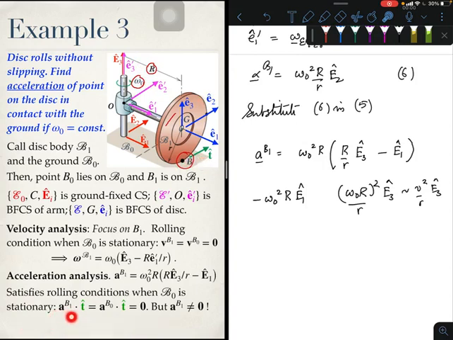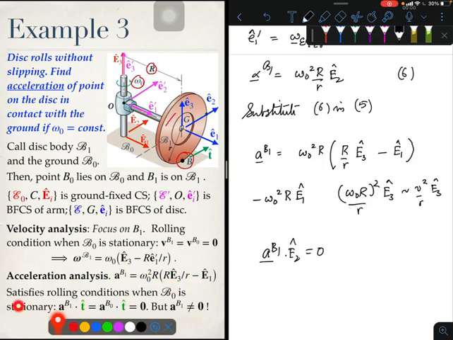So therefore AB1 dot t will be the same as AB1 dot E2, which, as you can see from the formula here, there is no E2 component, so AB1 dot E2 is 0. So the rolling condition number 2 is satisfied. Please note that AB1 is not 0. So the velocity of B1 is 0, but the acceleration of B1 is not 0.